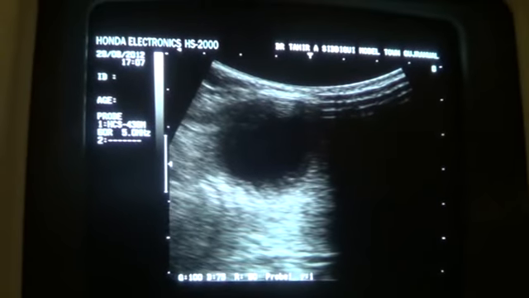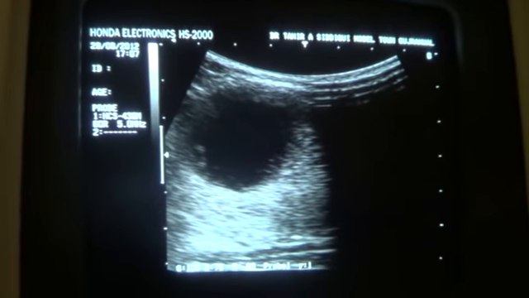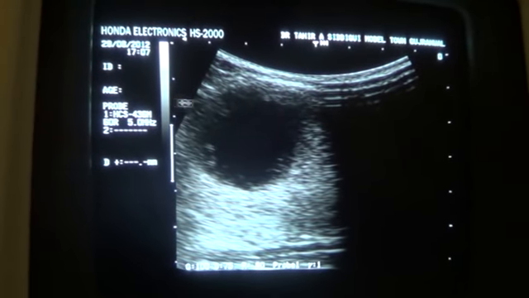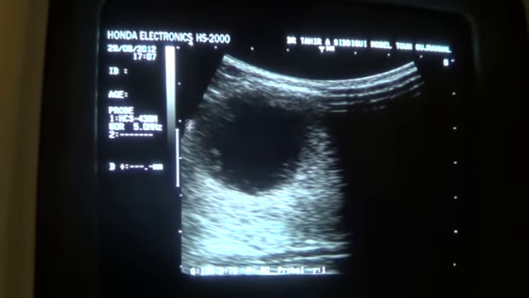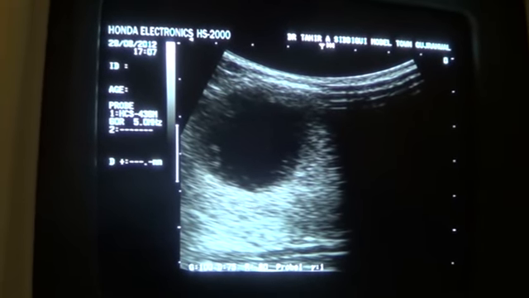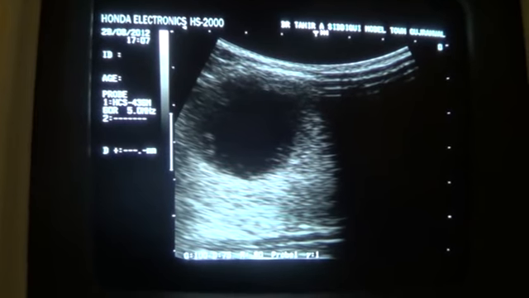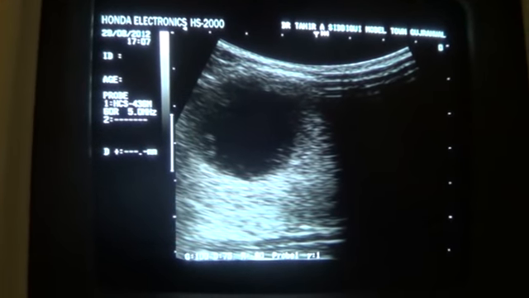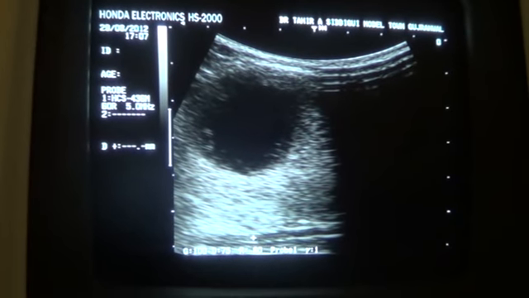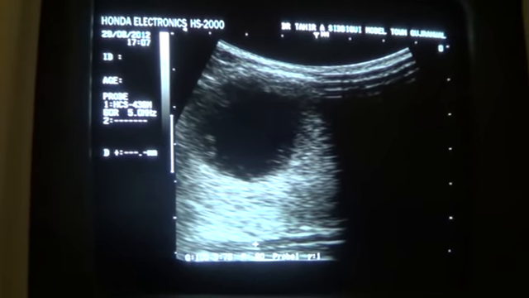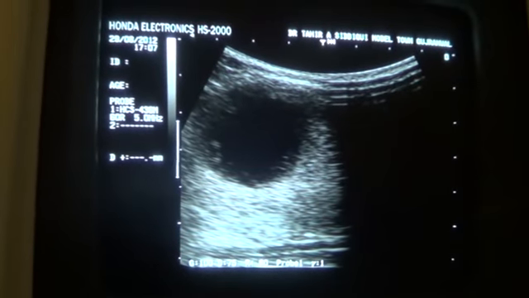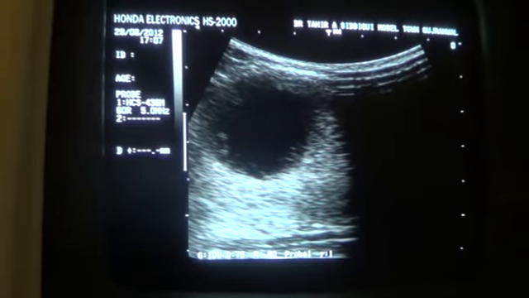Now I have given a 180-degree sweep to the probe, and you can see that this cystic area did not change its shape. It remained the same in shape and size. You can see the degree of posterior wall acoustic enhancement posterior to this cystic area. So this is the case of right thyroid lobe cyst. Thank you.